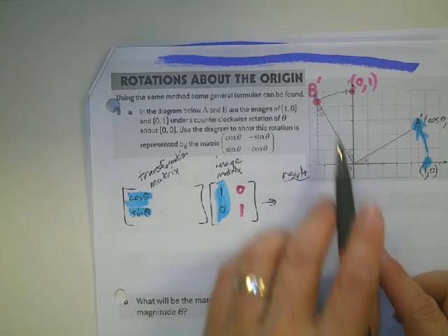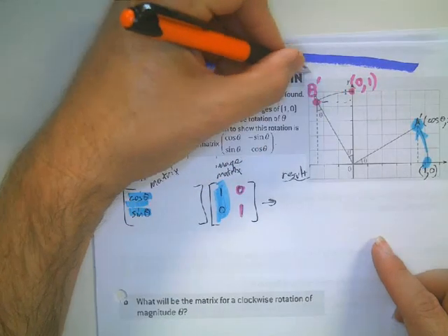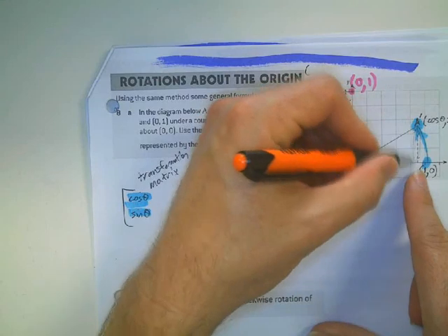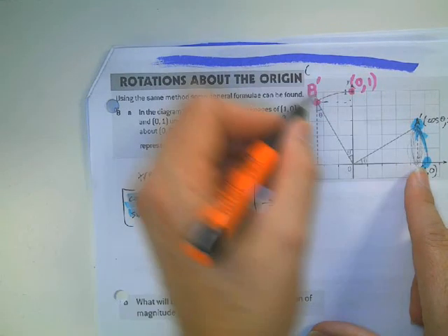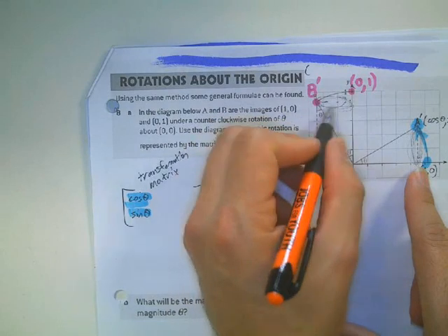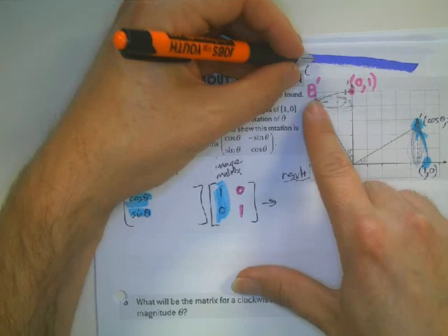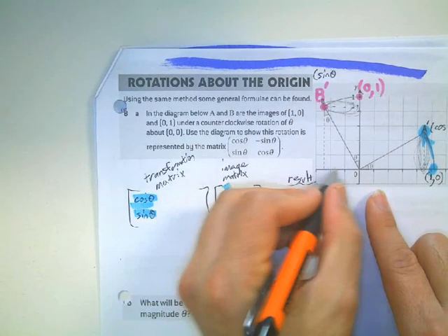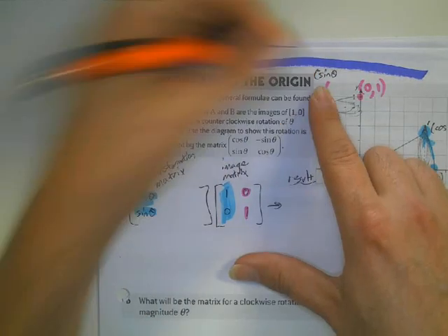In the x direction, the length from here to here looks like the same length as sine theta, but it's going in the negative direction, so I'm going to call that negative sine theta.